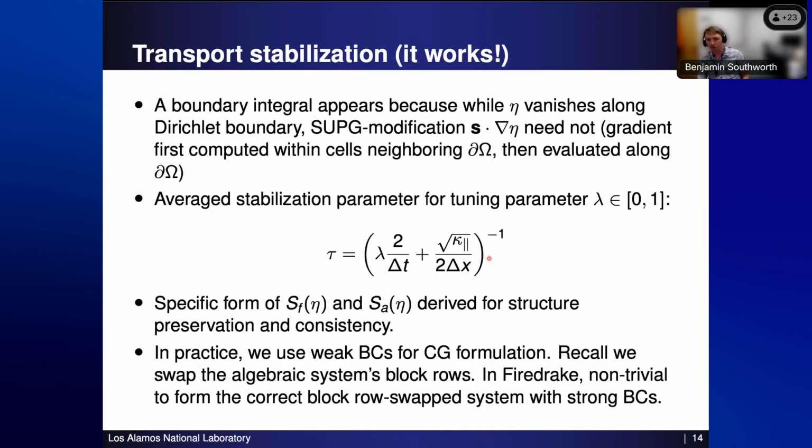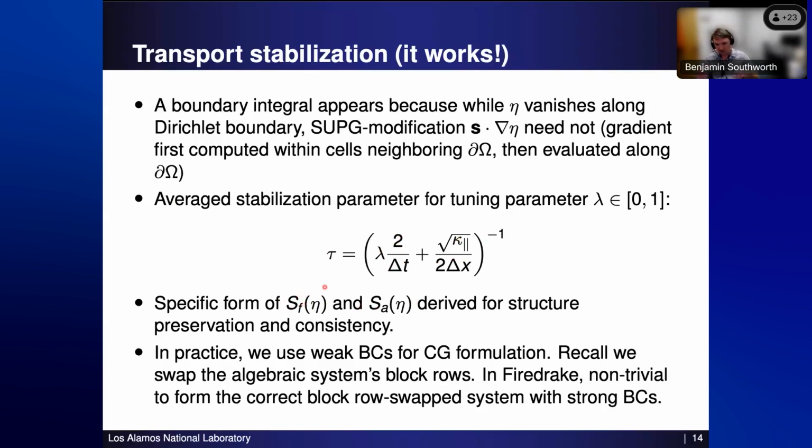We choose this averaged stabilization parameter for tau. This is taking two different commonly used stabilizations. One of them is more or less the velocity speed divided by the mesh spacing, and the other is a scaling of the time derivative, and we combine them both and take the inverse. And so I should say I introduced those two specific forms of our SUPG operators, our advective and our flux-based SUPG.